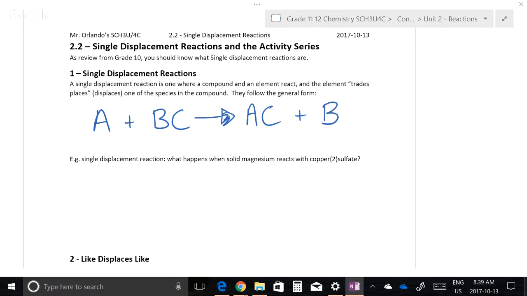All right. So copper. Copper takes what charge? Right? And which one is it? Yeah, sulfate.